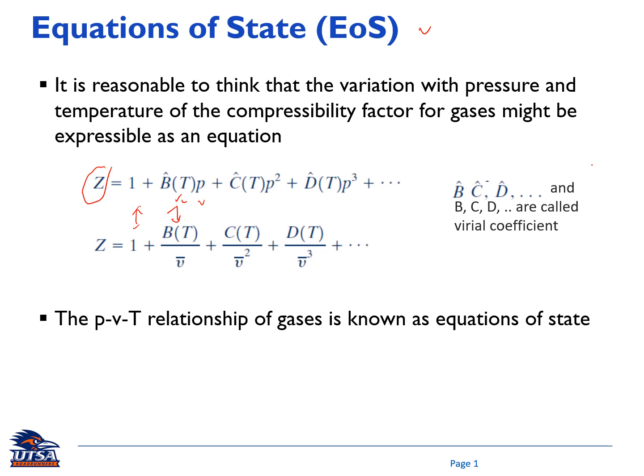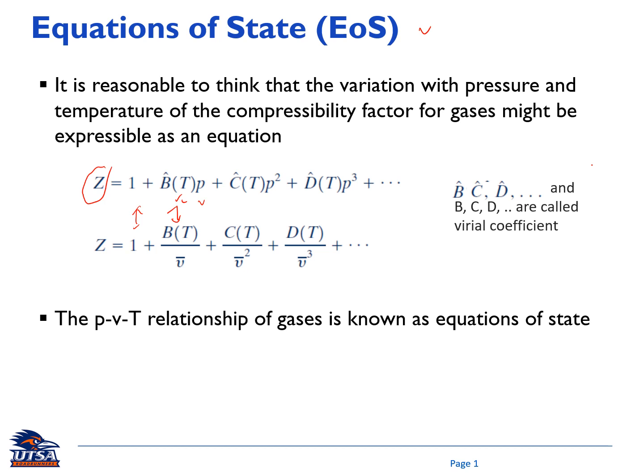So these two equations are an example of representing Z as a function of pressure and temperature, or temperature and specific volume. These two equations are usually called the virial equation of state, and the constants B, C, D, and so on are called virial coefficients.